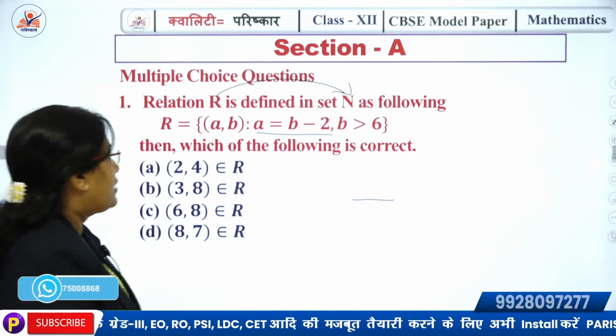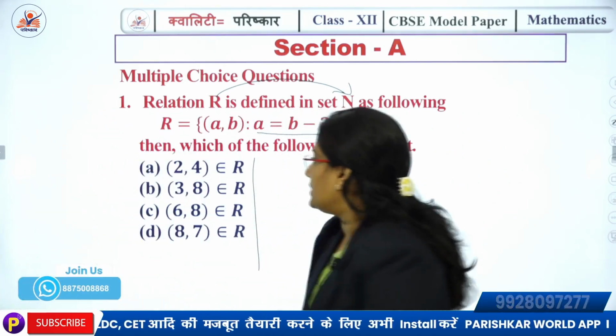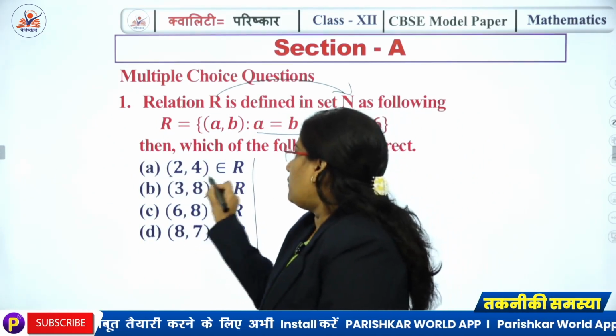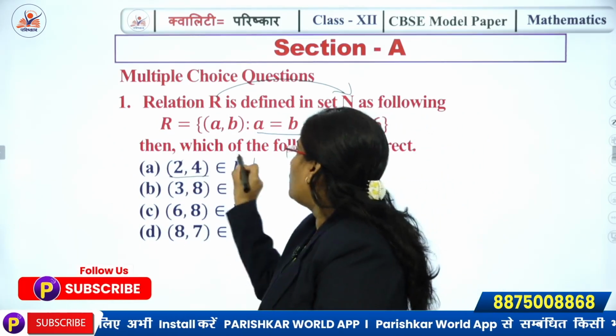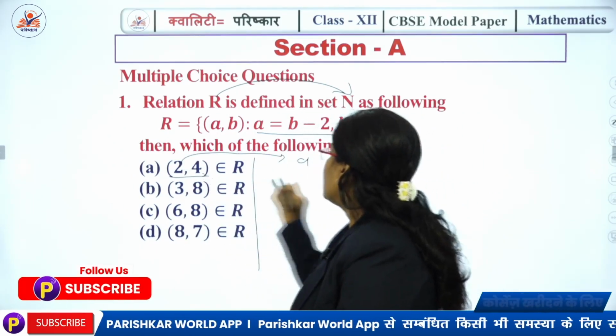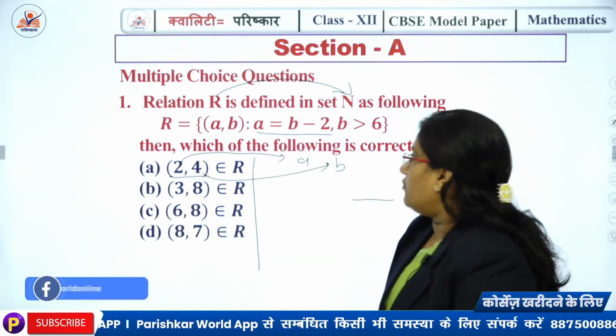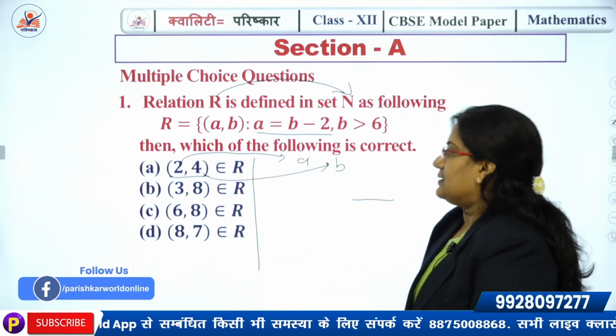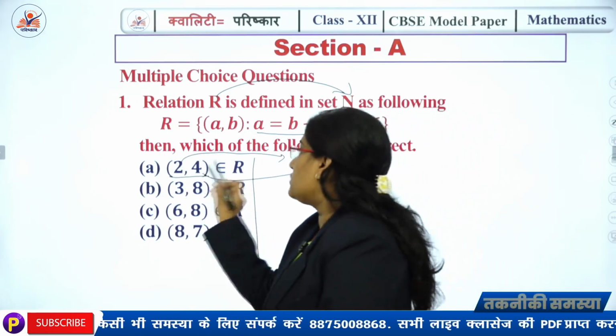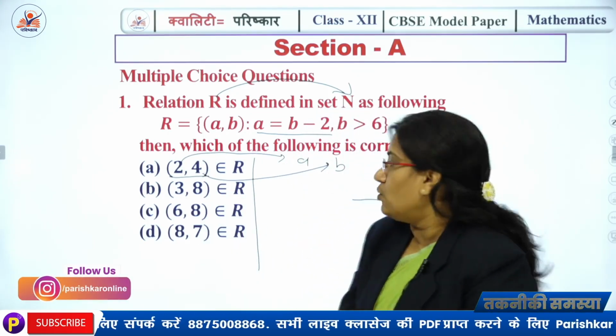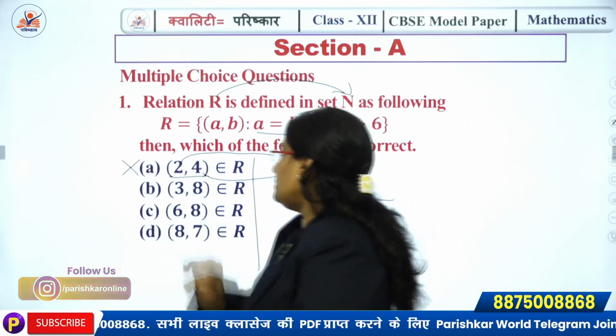Let's see, students, there are 4 options. Option A has (2, 4). Here 2 represents the value of a and 4 represents the value of b. We are given that b must be greater than 6, but here b equals 4, which is less than 6. So we cancel out this option.